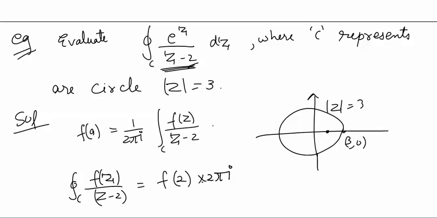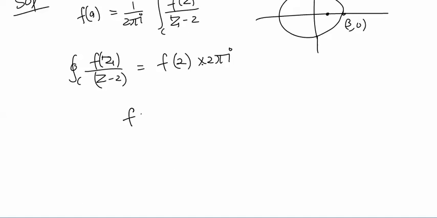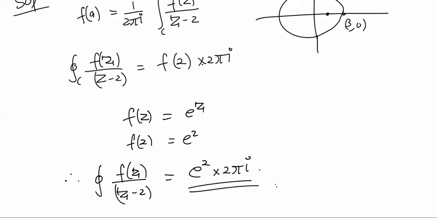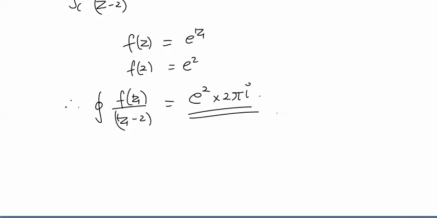If I compare, f z is nothing but e raised to z, so f of 2 will be e raised to 2. So therefore integral f z upon z minus 2 will be nothing but e raised to 2 into 2 pi I. That's your answer, right?